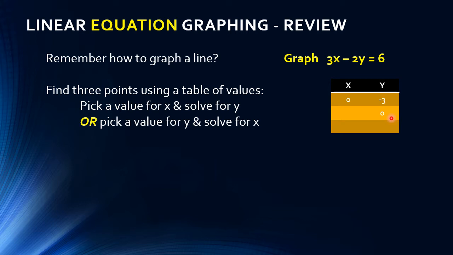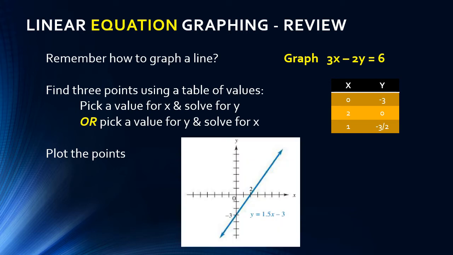So here we've picked y equals 0. We plug in 0 for y and we get 3x equals 6, and so x equals 2. So it doesn't really matter if we pick an x value and calculate y, or pick a y value and calculate x. Once we have the 3 points, then we simply plot them on a graph and basically connect the dots, okay?